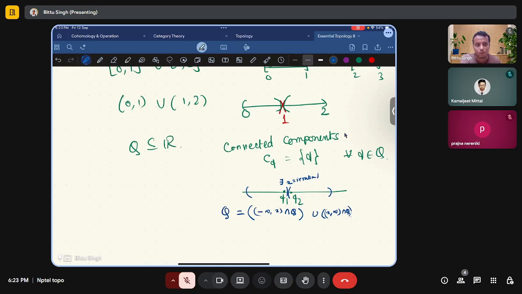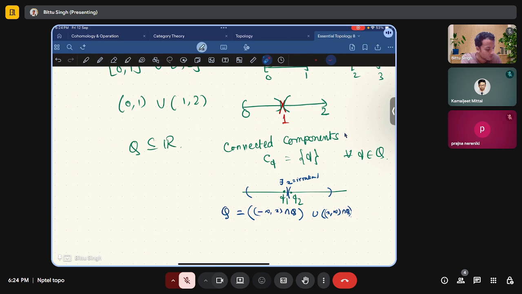What are the open subsets of the subspace? Open in the subspace means it is Q intersection some open set. This set is open in the real numbers, so if we intersect with Q, it will remain open in Q, and the same for the other one.